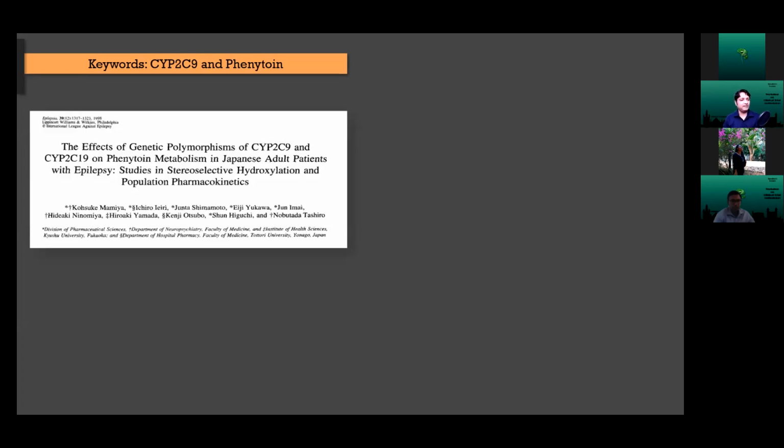So the first thing is, we'll be using these 2 keywords, CYP2C9 and phenytoin. If you're searching with this, you will end up with different papers. What we are using is a paper on the effect of genetic polymorphism of CYP2C9 and 19 on phenytoin metabolism in the Japanese adult population with epilepsy, with studies of genotypes, and it also has population pharmacokinetics.